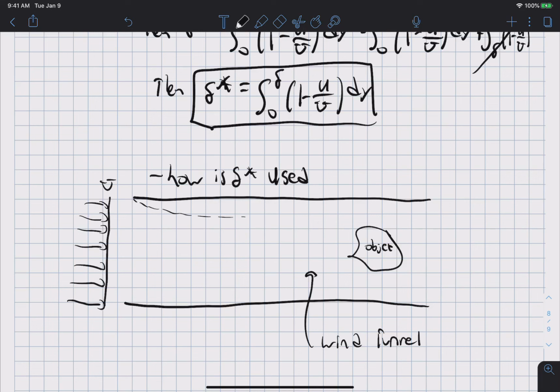You can't get away from that. Okay, and if the boundary layers are huge, the boundary layers are going to directly interact with the object. But at the very least, the boundary layers will accelerate the flow. So I could define this distance here as delta star.